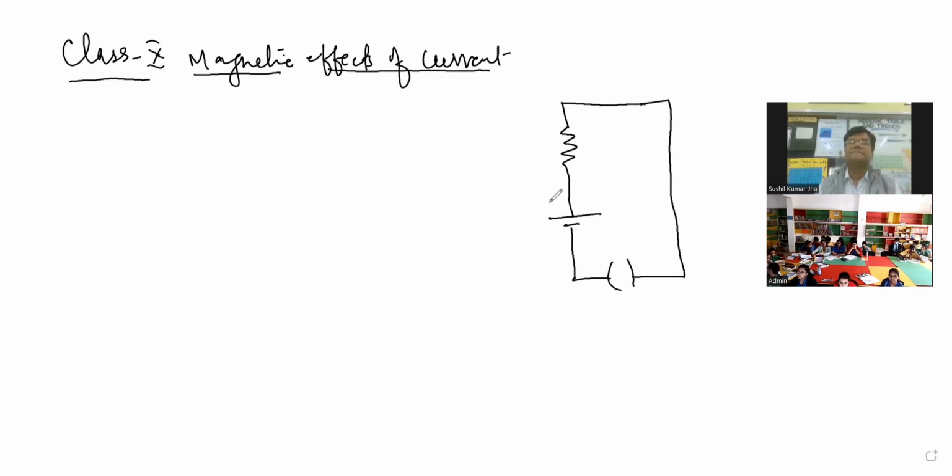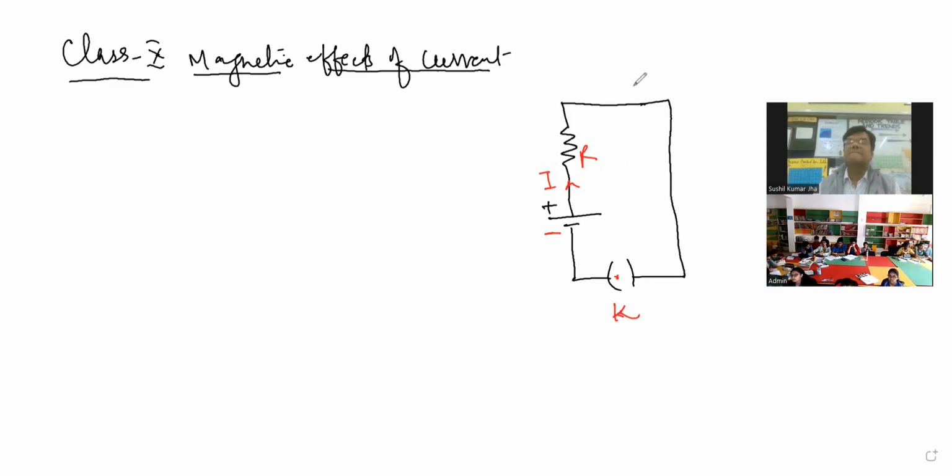We had done this experiment. If we close this key, this is a resistor, this is the battery, and one key. When we close this, we get current in it. Very common, nothing unique.